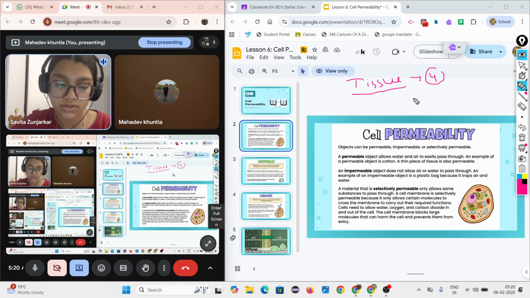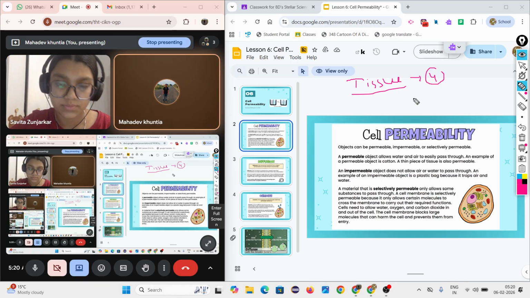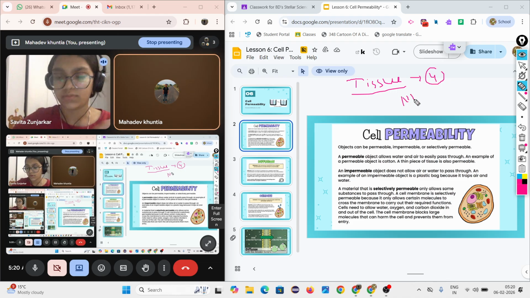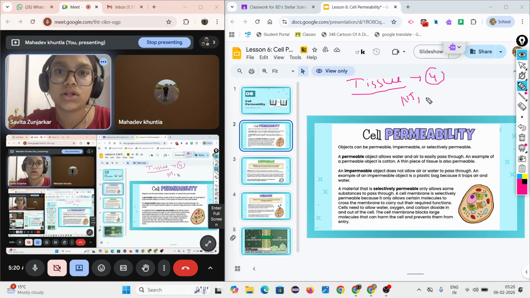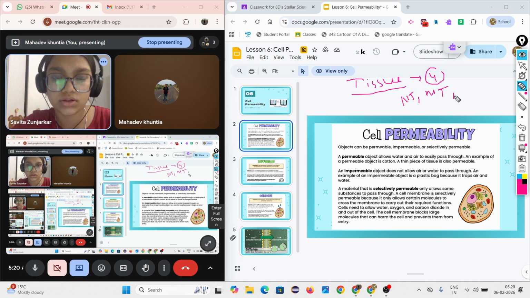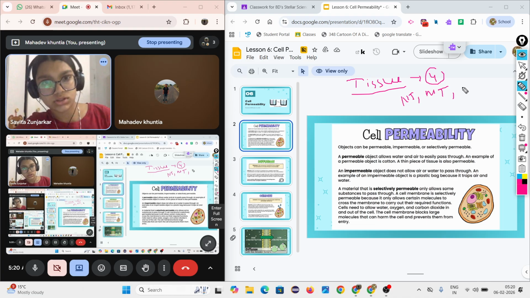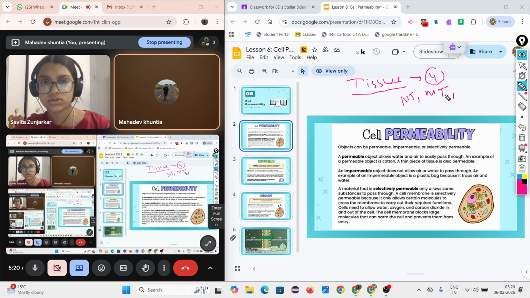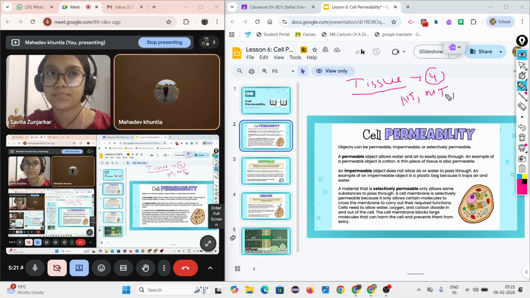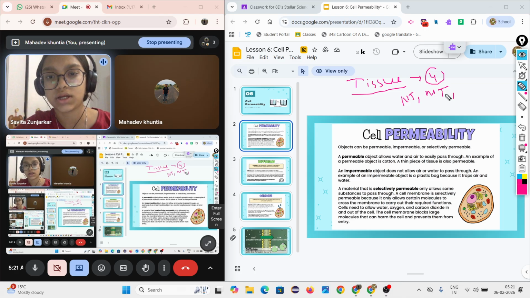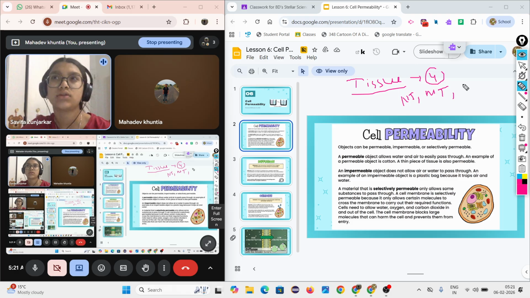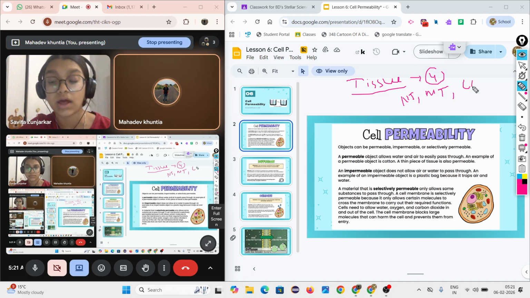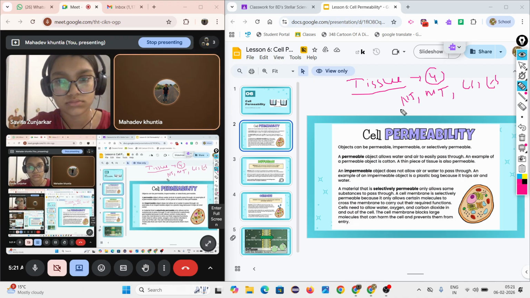They are nervous tissue, muscle tissue, connective tissue, and epithelial tissue. Okay. What is the main function of nervous tissue?